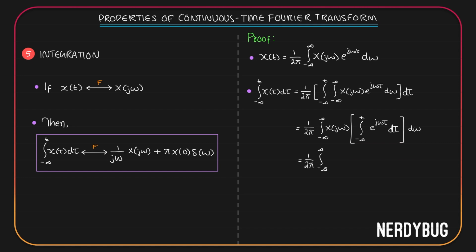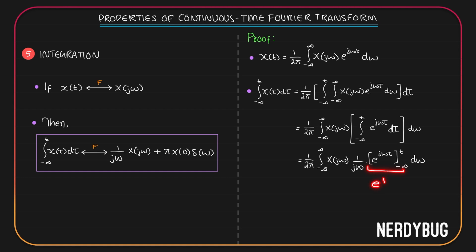integral from minus infinity to infinity x of j omega. Integral of e raised to j omega tau is 1 by j omega e raised to j omega tau. We have to give it limits from minus infinity to t. Then there is a d omega. Now if you give the limits, giving the upper limit t, we get e raised to j omega t, minus giving the lower limit, we get e raised to minus infinity, which is 0.